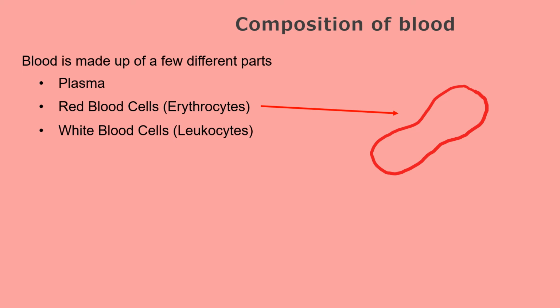plasma. Then the white blood cells we mentioned previously. Now, the official name of a white blood cell is a leukocyte. But there are actually two major types of white blood cell. We have our phagocytes. These are the non-specific white blood cells. And there are the lymphocytes. These are the specific white blood cells.